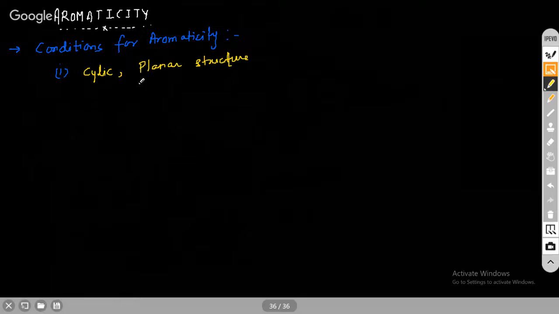Or we can also say it must have a conjugated system, we can say indirectly, must have an available p orbital for delocalization. The delocalization of electrons is important for aromaticity, and for that we must have a vacant p orbital. This is the one condition.